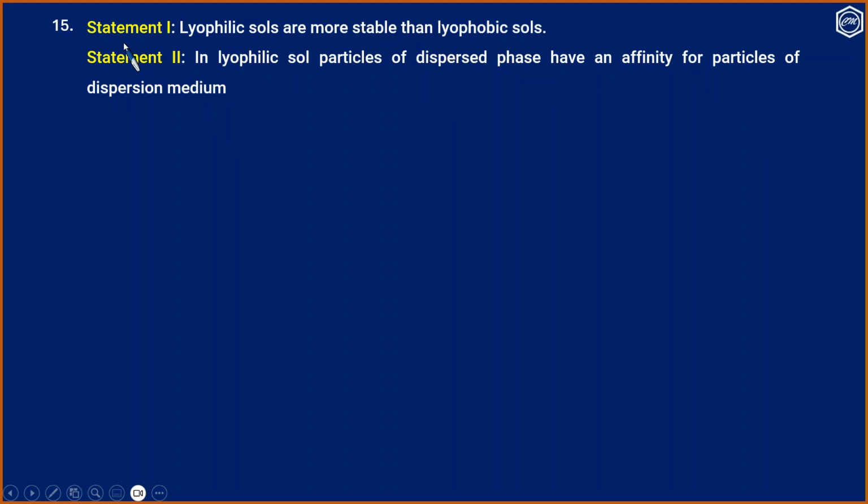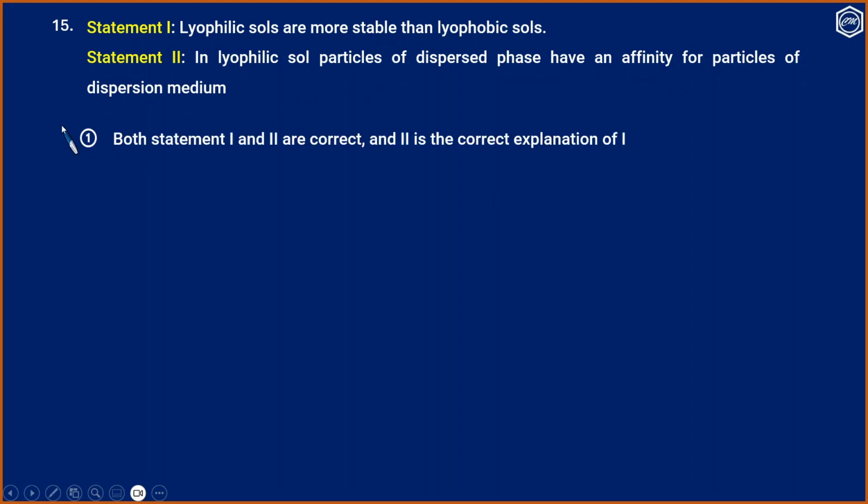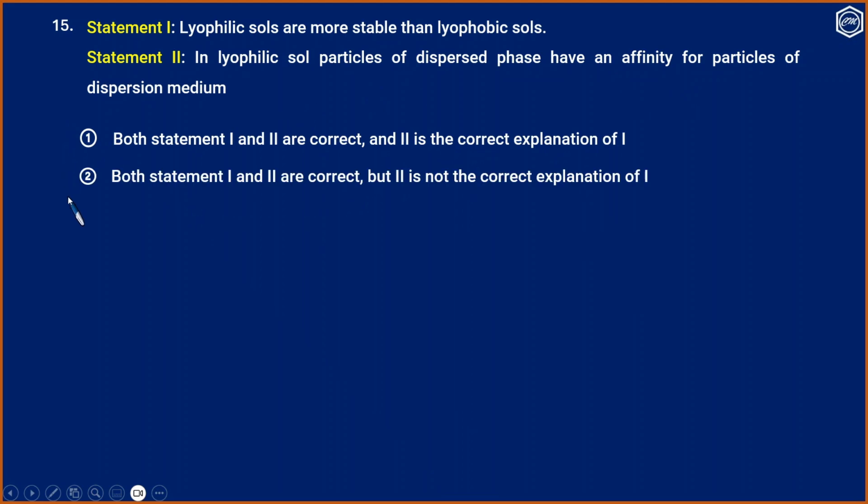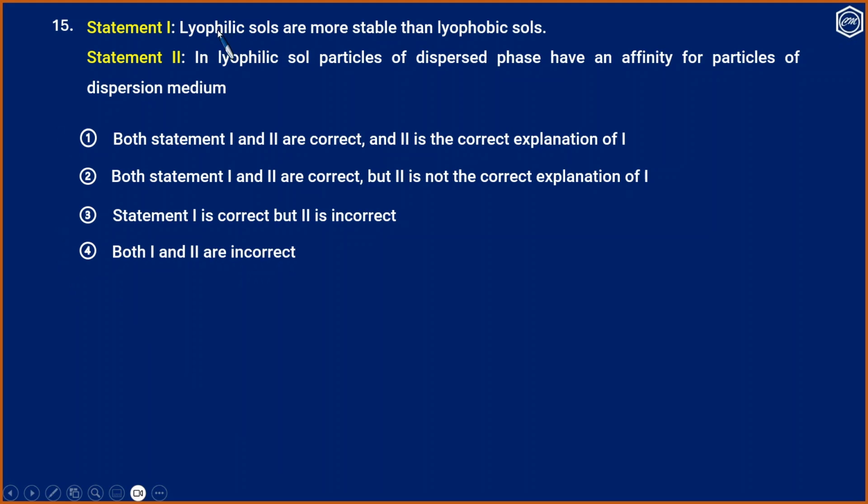Question number 15. Statement 1: Lyophilic sols are more stable than lyophobic sols. Statement 2: In lyophilic sols, particles of the dispersed phase have an affinity for particles of the dispersion medium. Options 1, 2, 3 and 4.